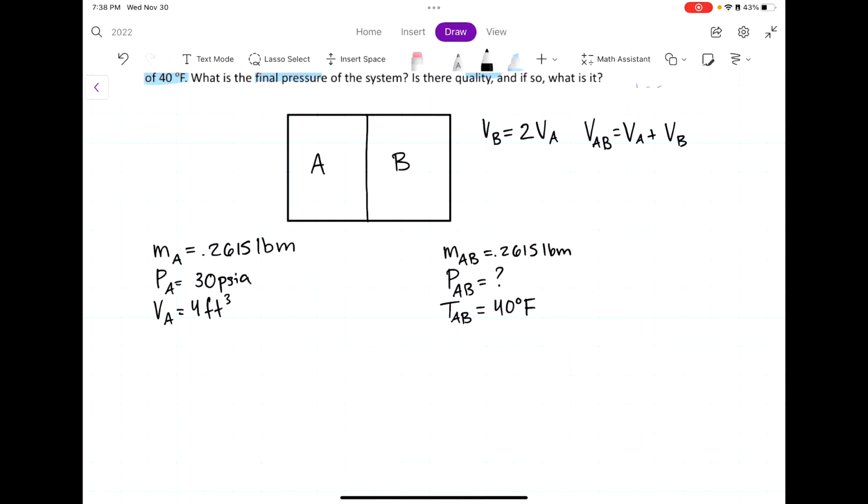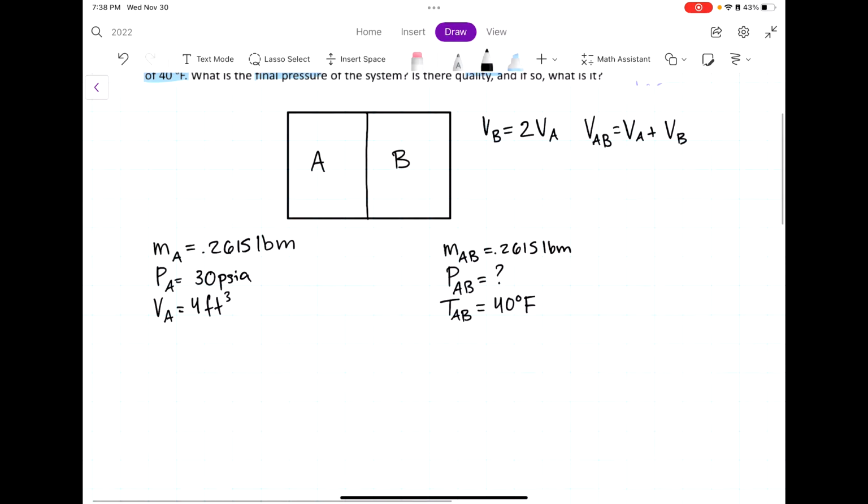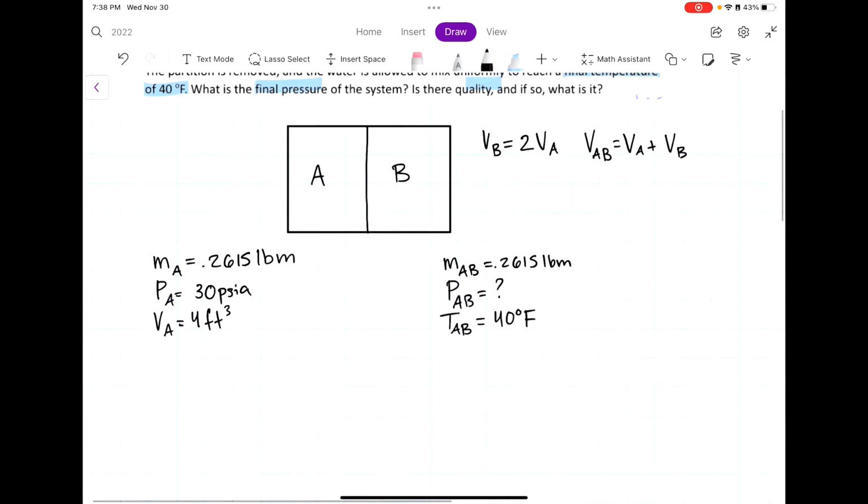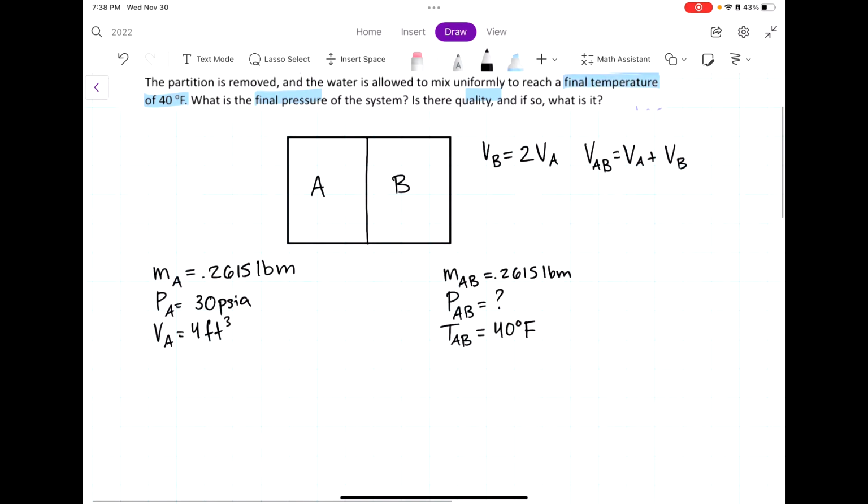Alrighty. So we kind of need a plan. We need to figure out how I am going to determine the pressure when the two mix. So in order to use thermodynamic tables, you need two values. Usually either pressure, temperature, specific volume, anything that you can find on the saturation tables.